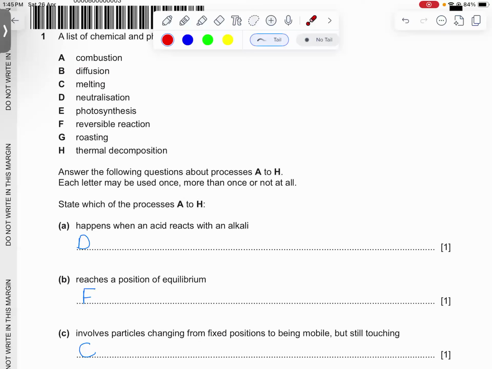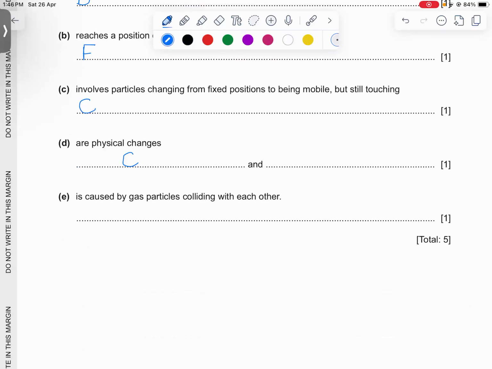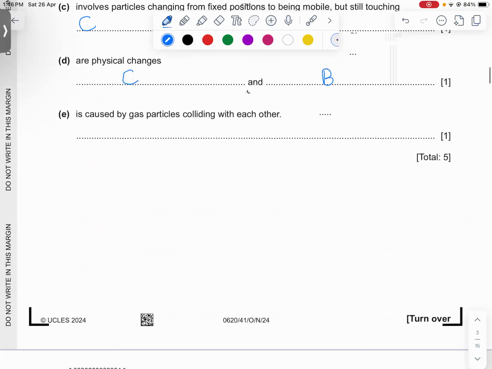Melting, neutralization, photosynthesis, reversible reaction, these are all chemical. Roasting is chemical. Thermal decomposition is chemical. So the only other physical thing is diffusion. Is it really a change? Well, it's a change of position, that's all there is. So B and C.